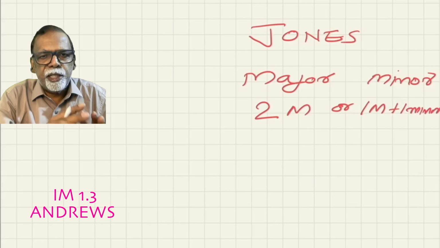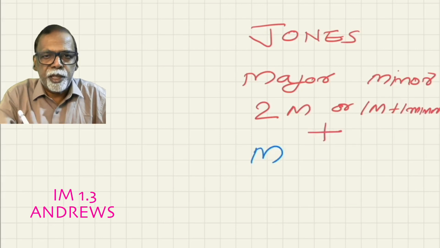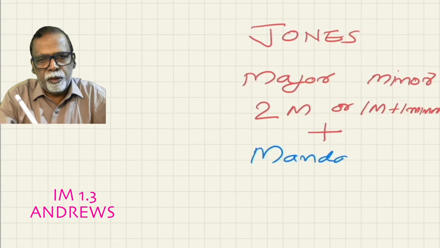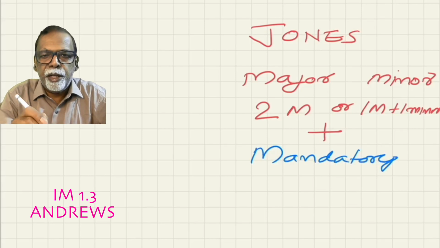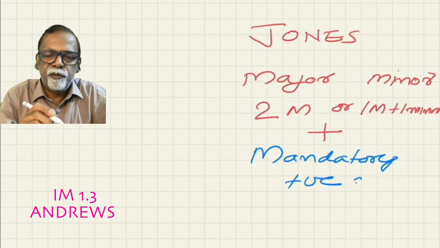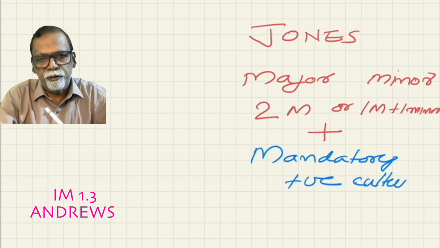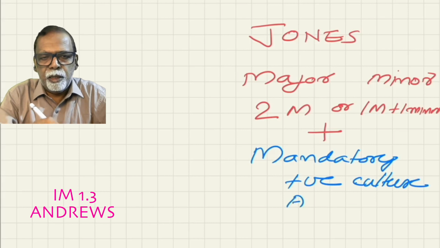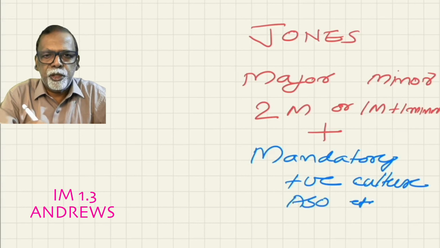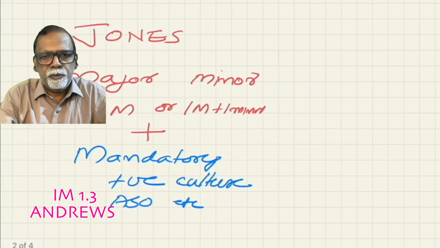The point to be remembered is there should be 2 major criteria or 1 major plus 2 minor. In addition, there should be mandatory criteria. The mandatory things are, there should be evidence of recent streptococcal infection, like a positive throat culture or antistreptolysin O. So this is how you make a diagnosis.